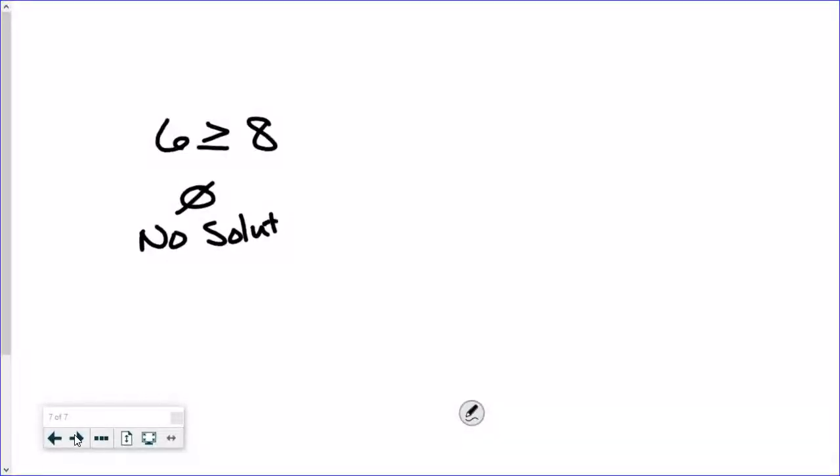Okay, last type of problems. Please remember, if I have something where it comes out as 6 is greater than or equal to 8, with all of the variables going away, this would be a no solution. If you have any of those on the test, you're going to actually have to type out no solution because we don't have the no solution logo.